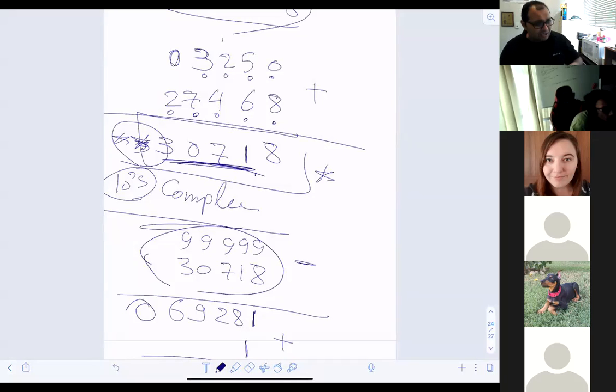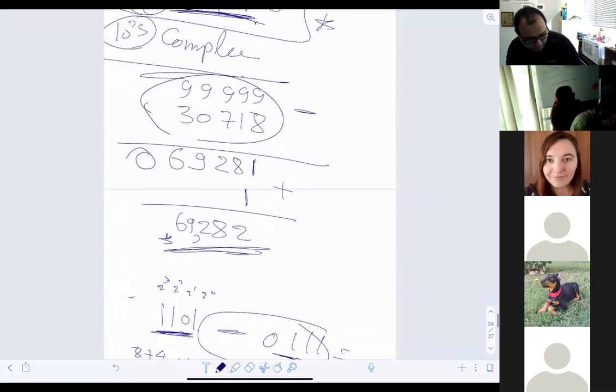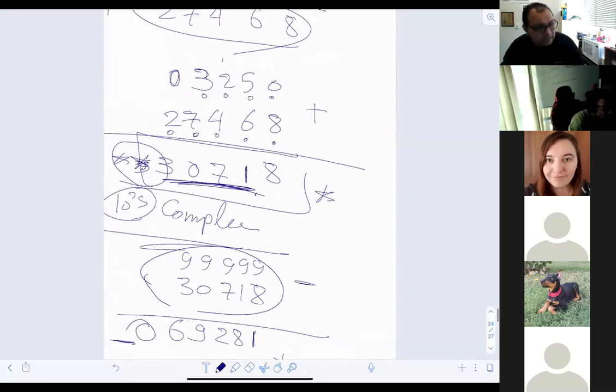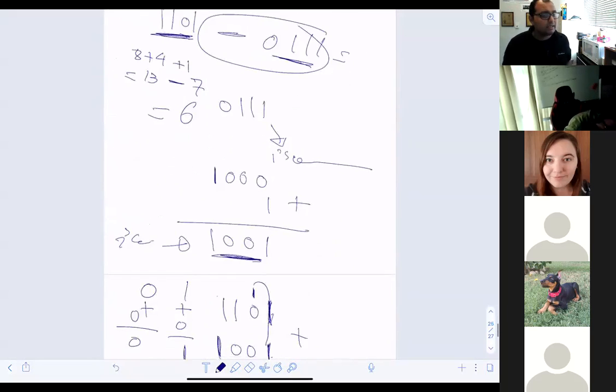That's why I have to take the 10's complement so I can get the value out of it, and then I will put a negative sign here. But if the process gives me an extra digit, that means this value is the right value, and it is positive. I don't need to take the complement one more time. Is it clear so far?